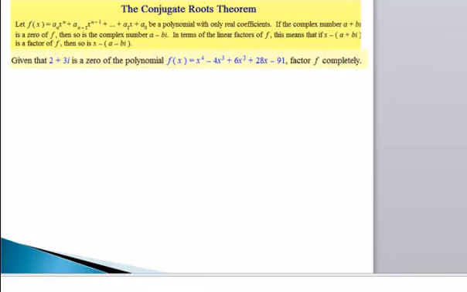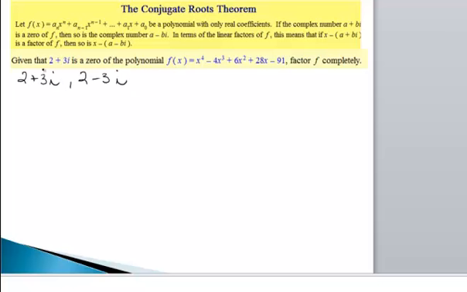The conjugate roots theorem simply means if you have an imaginary or a complex number that is a 0 of a function, then its conjugate is also a 0 of that function. So this one says, given that 2 plus 3i is a 0 of this polynomial, factor it completely. If 2 plus 3i is a 0, then 2 minus 3i is also a 0.